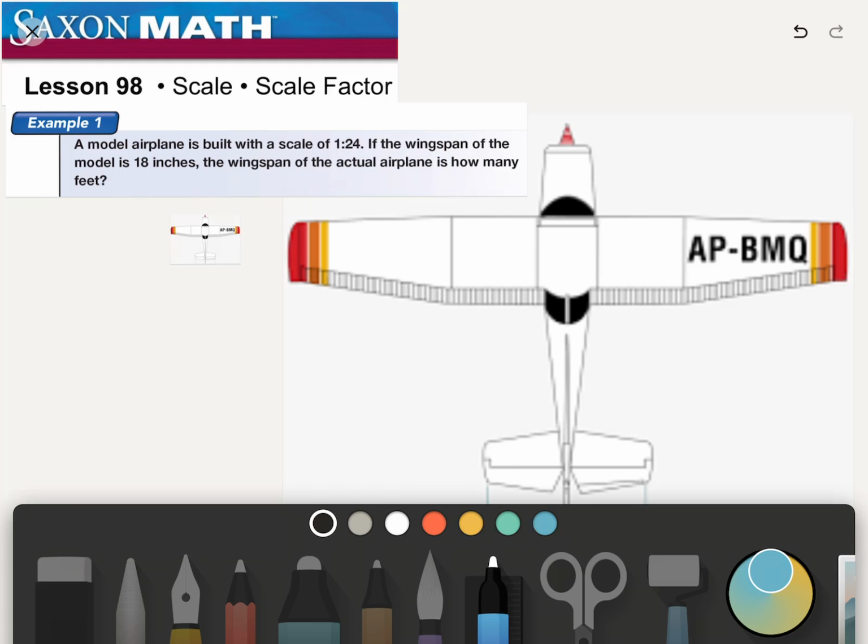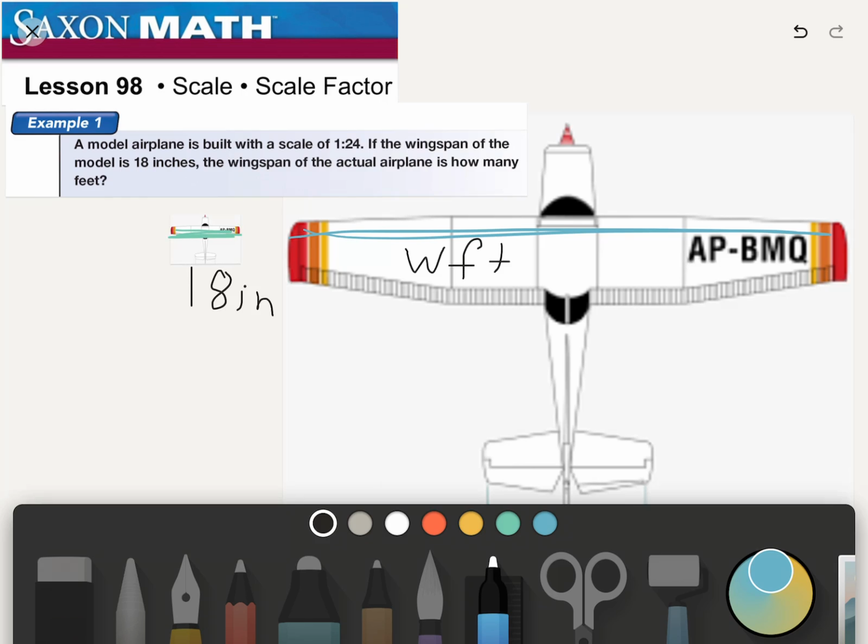If the wingspan of the model is 18 inches, the wingspan of the actual airplane is how many, we're going to say that's W for width, is how many feet?